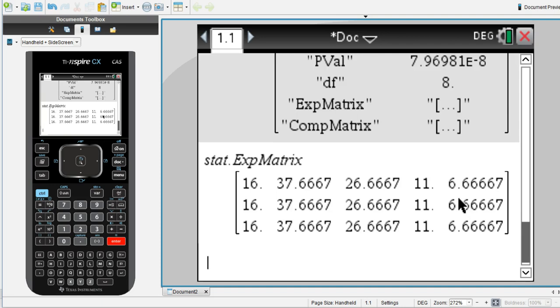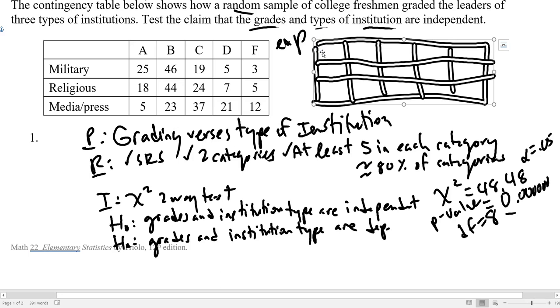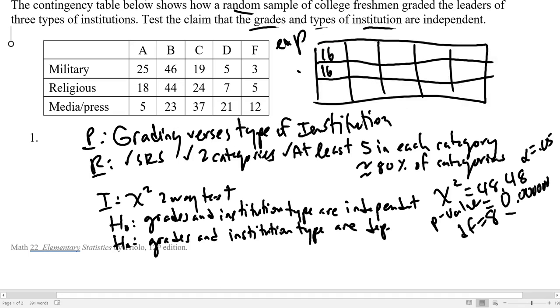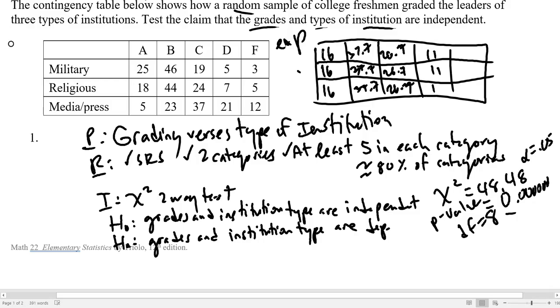I don't need all the perfect numbers, but just 37.7, 37.7, 37.7. 26.7, 26.7, 26.7. 11, 11, 11. 6.7. Okay, those are our expected.